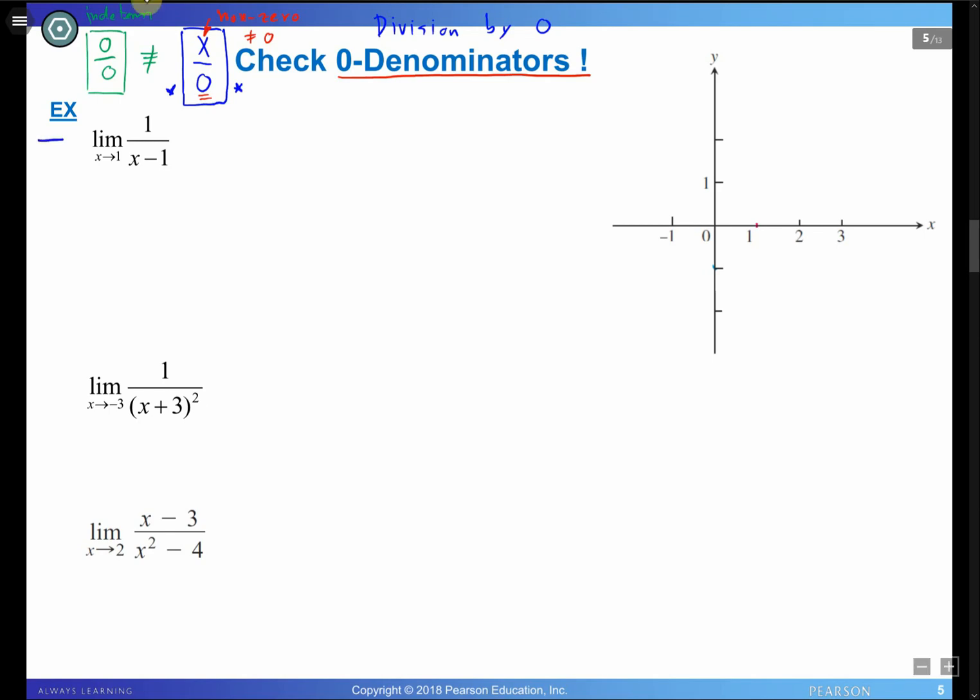So here we want to find the limit of this function, 1 over x minus 1. So this is the function that we need to work on. f(x) equal to 1 over x minus 1, a fraction. And we want to find the limit of this function when x approaches 1. When x gets really, really close to 1, but not there.